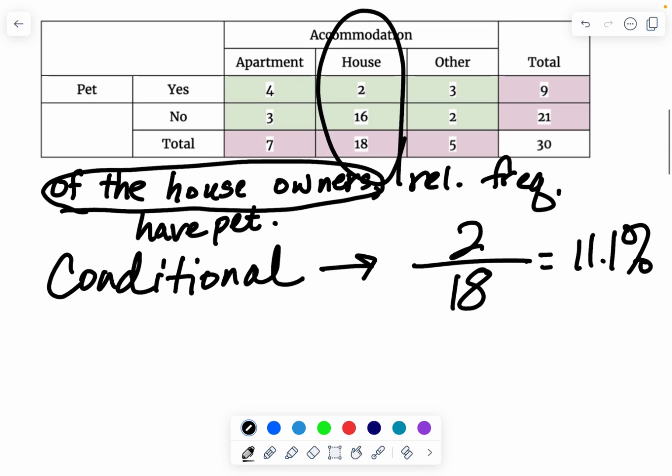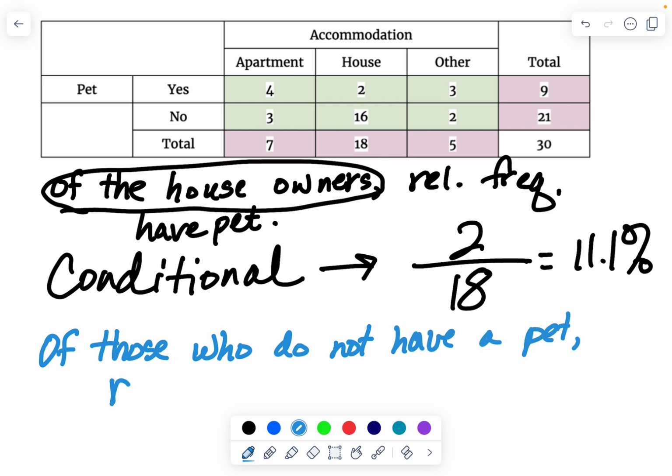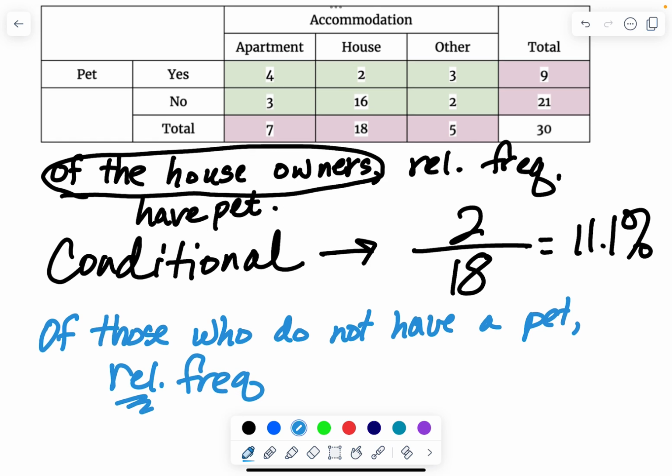Another example of a conditional question or relative frequency would be, of those who do not have a pet, what's the relative frequency? Relative, so we're going to look at a ratio. What's the relative frequency that they live in an apartment?